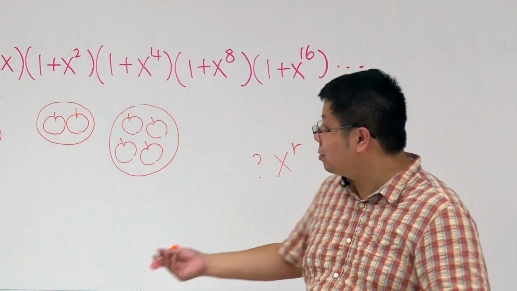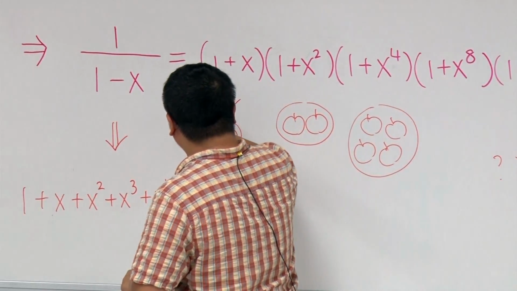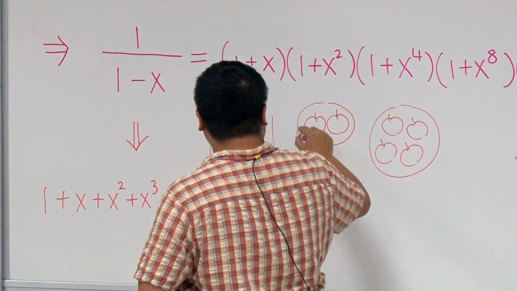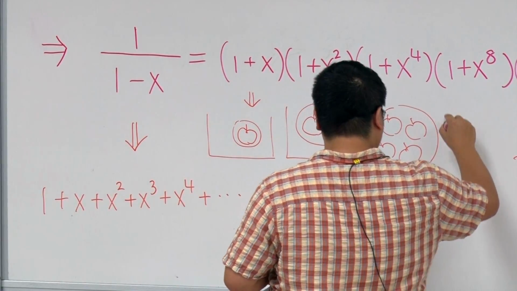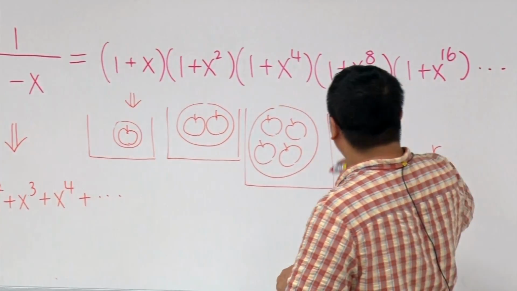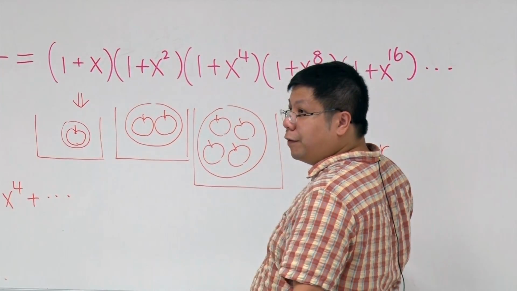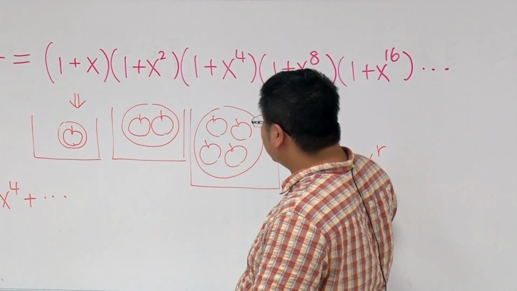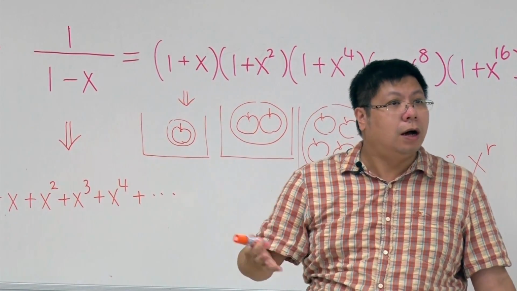So this is like, there is a box here, there is a box here, there is a box here, and there is a box for this one. So the coefficient of x to the r corresponds to what? The number of ways that for each box I can do some option.